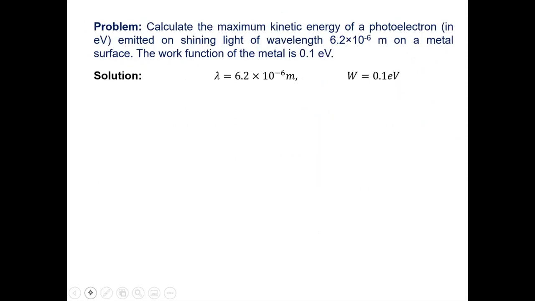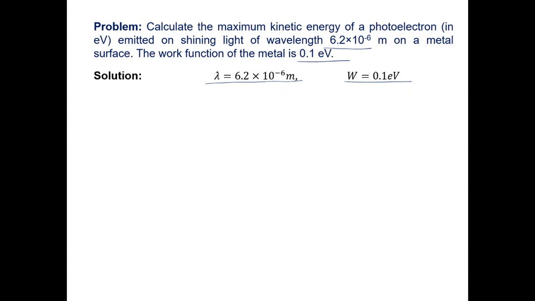Now you have to find the maximum kinetic energy of a photoelectron in electron volts emitted by shining light of wavelength 6.2 into 10 power minus 6 meters on a metal surface. The work function of the metal is 0.1 electron volts. So what do we have? We have the wavelength and we have the work function of the metal. And what we have to find?